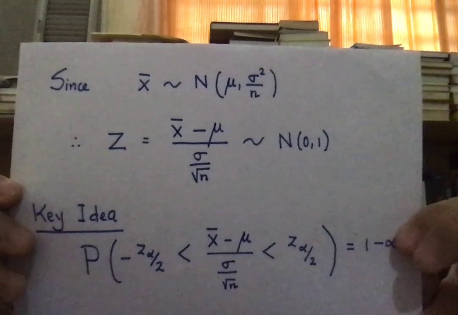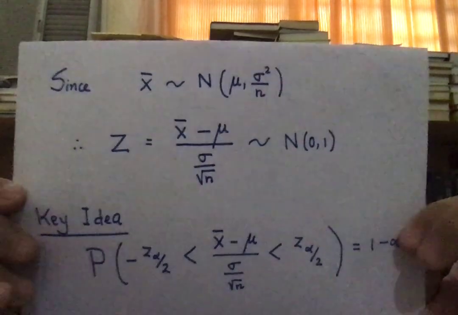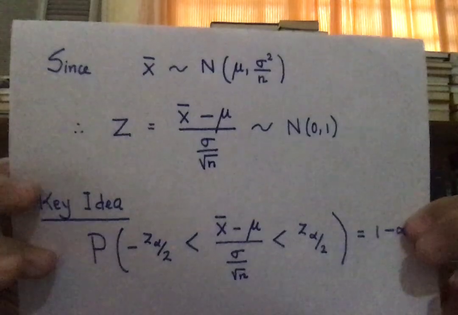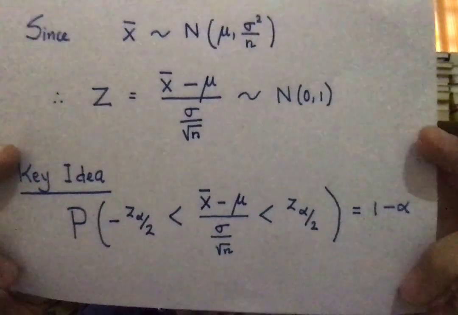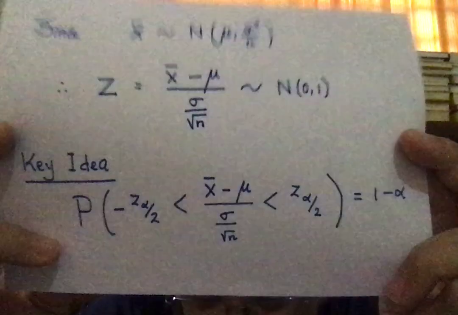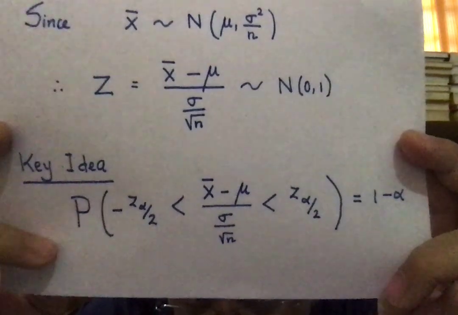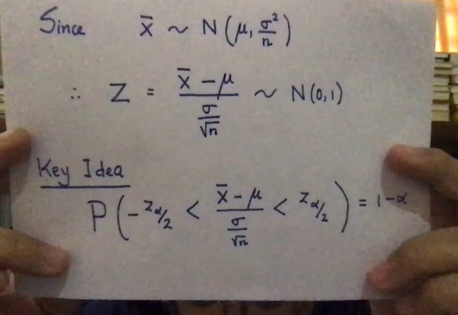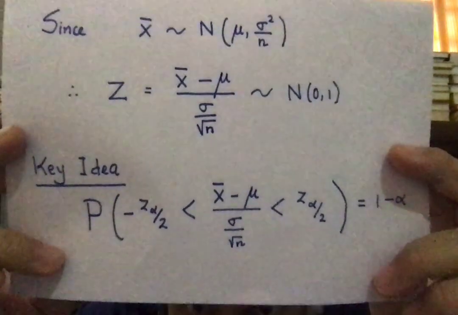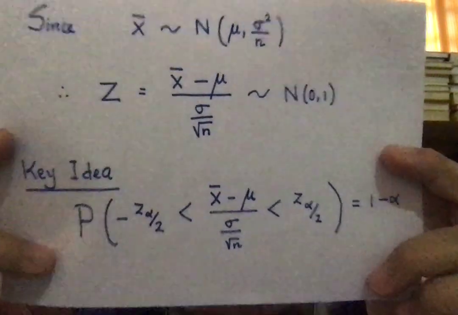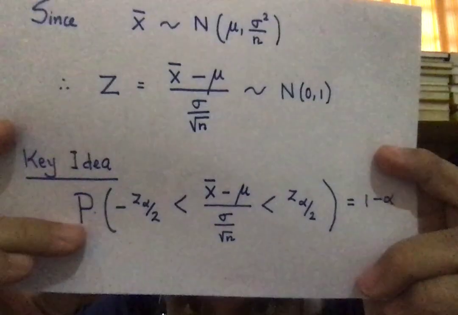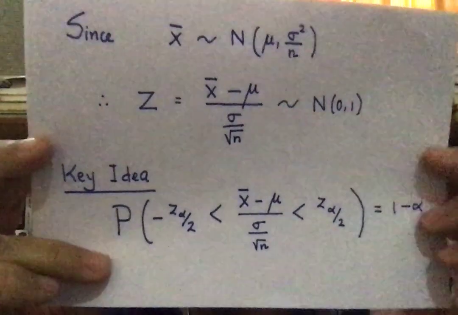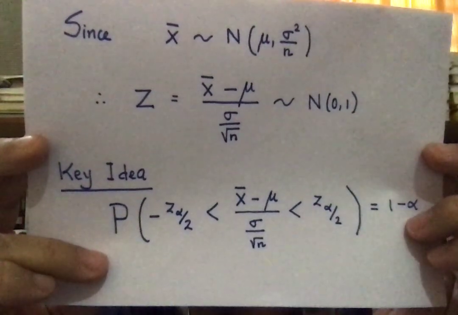So (x bar minus mu) by (sigma by root n) would follow N(0,1), that is, the standard normal distribution. And I already know that z lying between minus z alpha by 2 and z alpha by 2 has probability 1 minus alpha. So (x bar minus mu) by (sigma by root n) lying between minus z alpha by 2 and z alpha by 2 has probability 1 minus alpha.